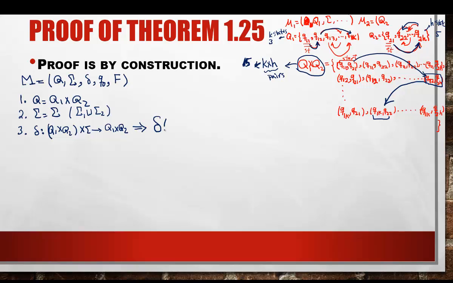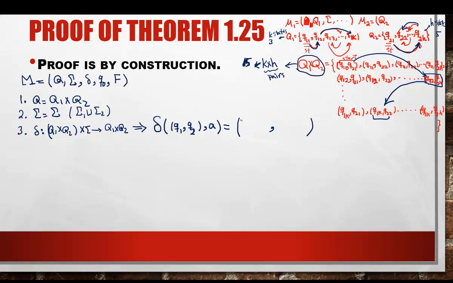The delta of a pair Q1, comma Q2, over a symbol A is equal to a pair.